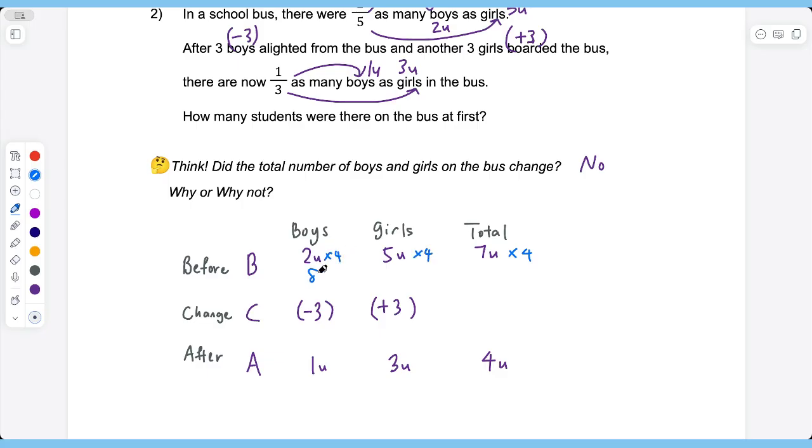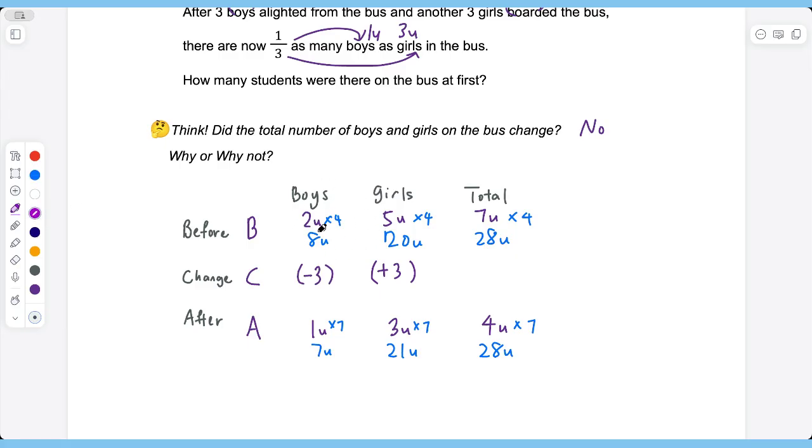That will give us 8 units of boys, 20 units of girls, and 28 units in total. And for the last row, I will times 7. That will give us 7 units of boys, 21 units of girls, and 28 units in total.